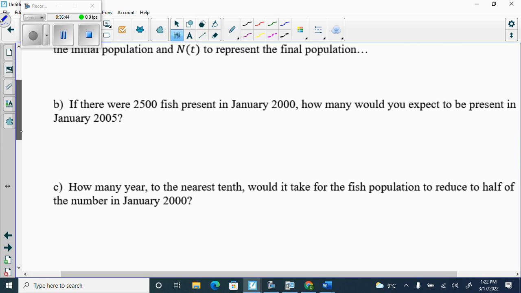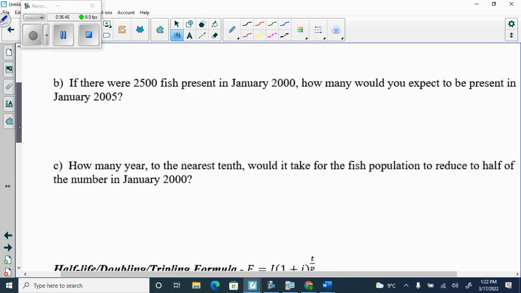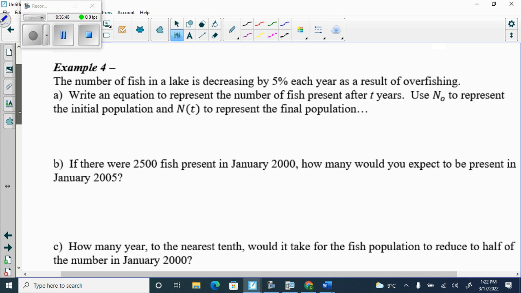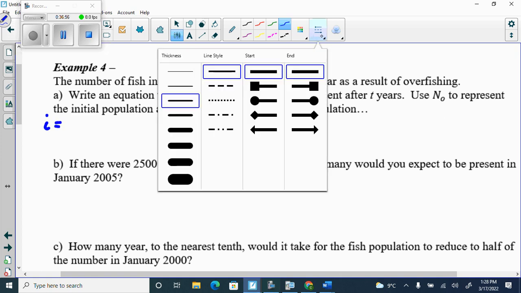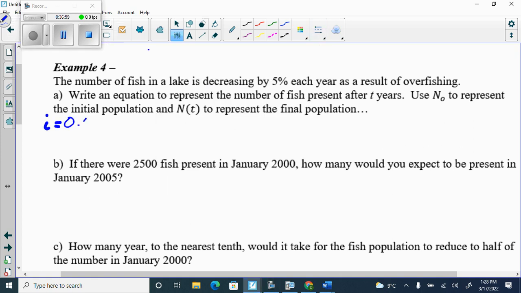We have example 4, and then we're moving to half-life, doubling, tripling. So I want you to do example 4. Here we have the number of fish in a lake is decreasing by 5%. So the I is going to be 0.05. As a result of overfishing, write an equation that represents the number of fish present after T years. So N is going to be T. If N sub O represents the initial population, and N of T represents the final.